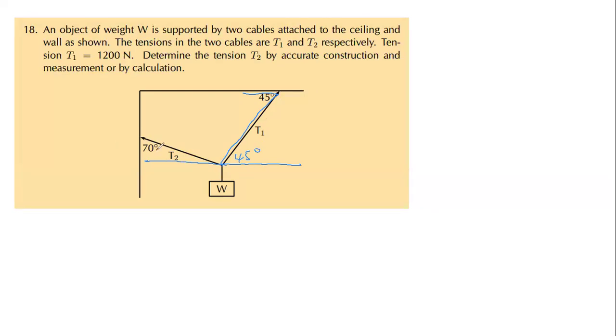And then what about this one? If I form a small triangle like this, here it's going to be 90 degrees, and here we have 70. So we need to find out this one.